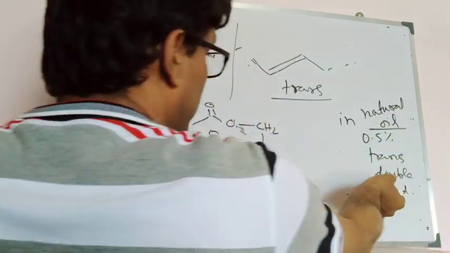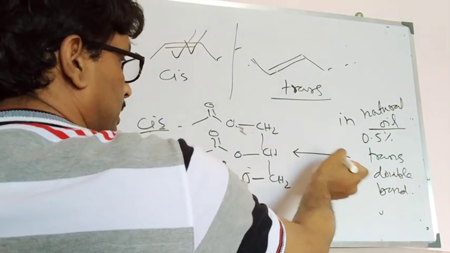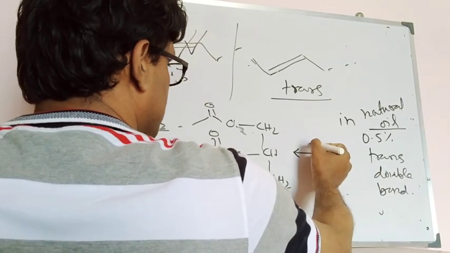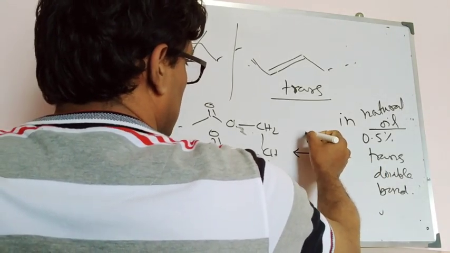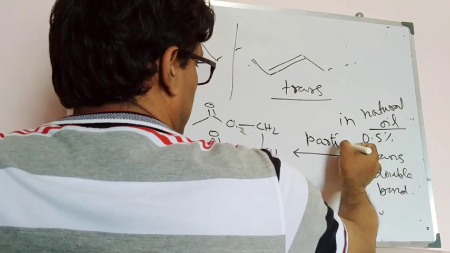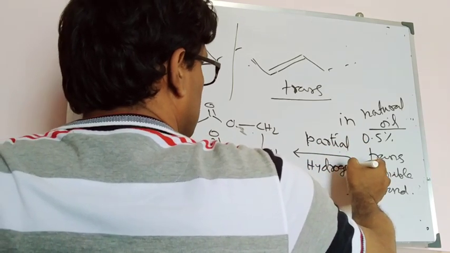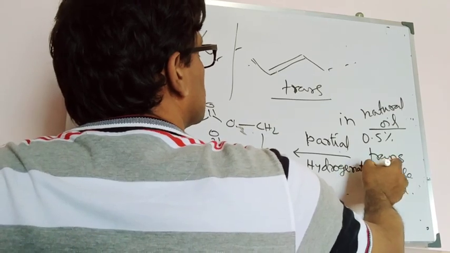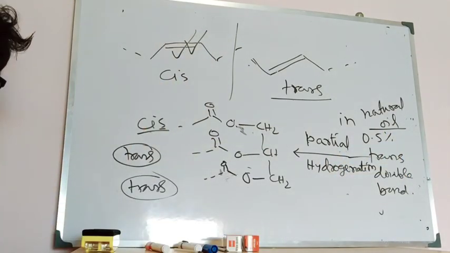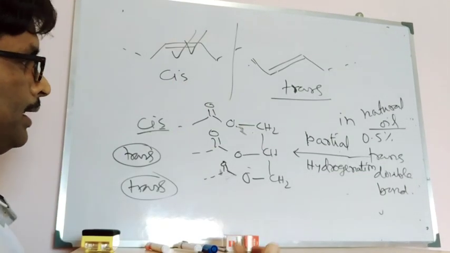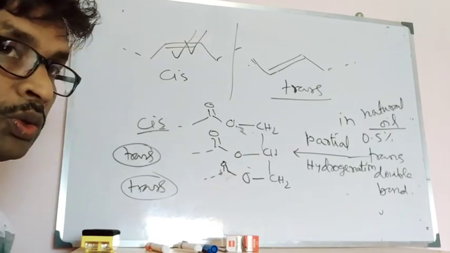But when you consider partial hydrogenation, it gives you the partial hydrogenation of this one, so that we can increase its stability and avoid rancidity. So that's how the double bond should be there.